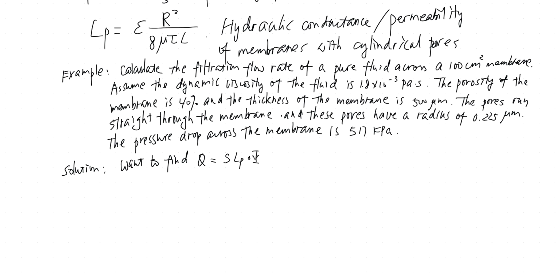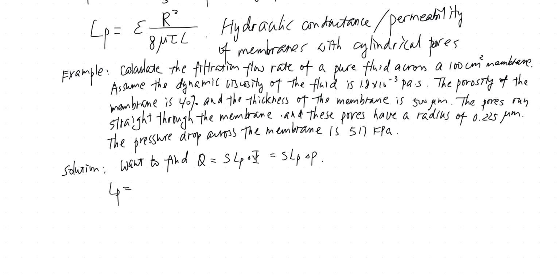Since it's a pure fluid, we don't need to consider osmolarity, so that means it's L_P delta P. We know the surface area of the membrane is given, so we need to find L_P.